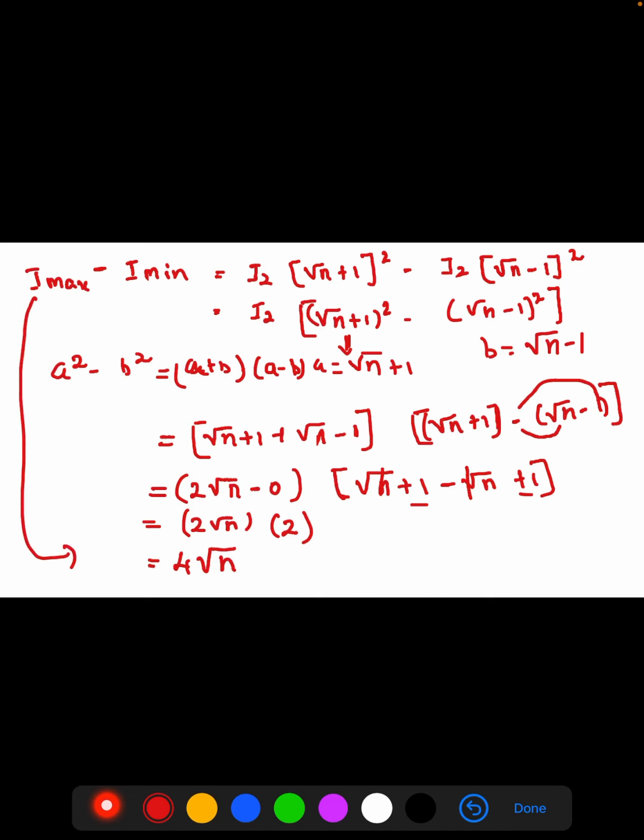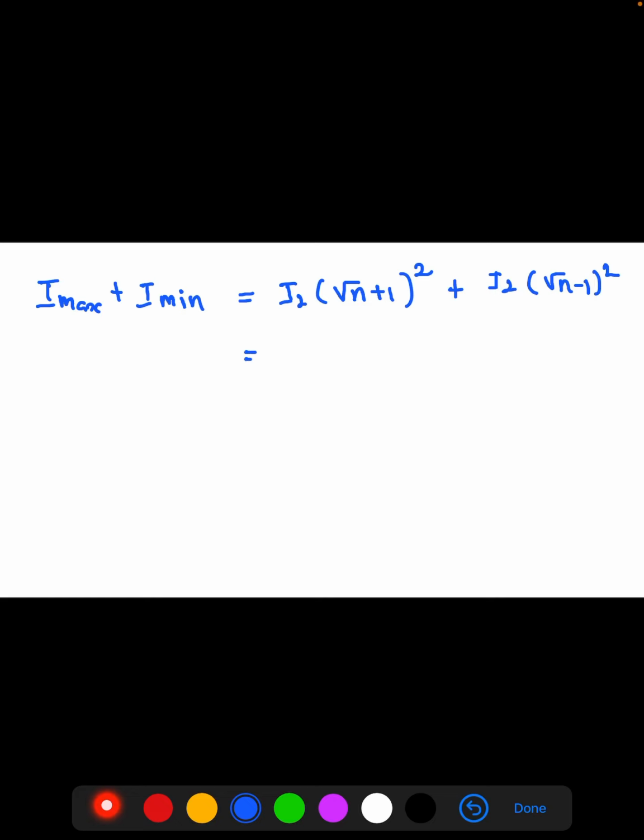So now we are going to find the denominator part. The denominator part is I max plus I minimum. I max is I2 into root n plus 1 whole square, plus I2 into root n minus 1 whole square. Now we can take I2 from both of them. Root n square is n, 1 square is 1, plus root n square is n, and minus 1 square is plus 1.